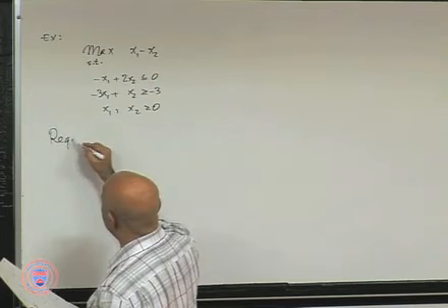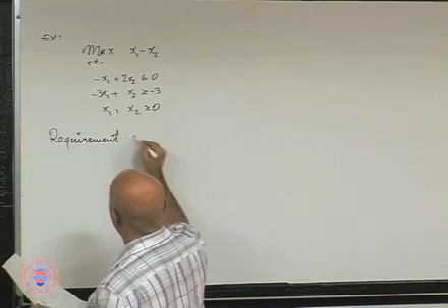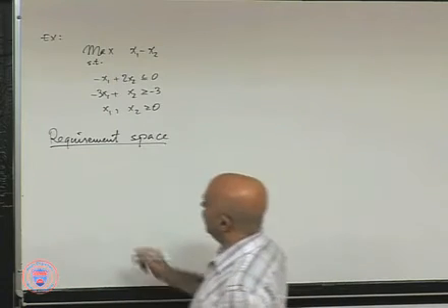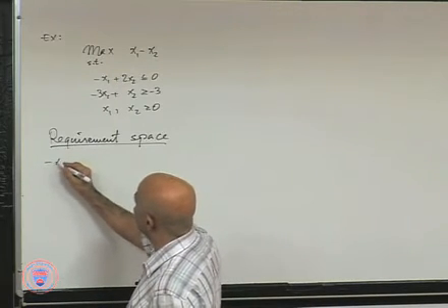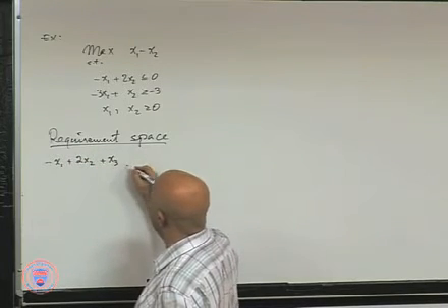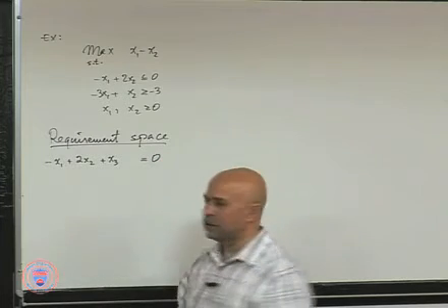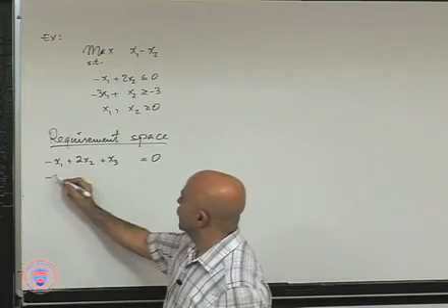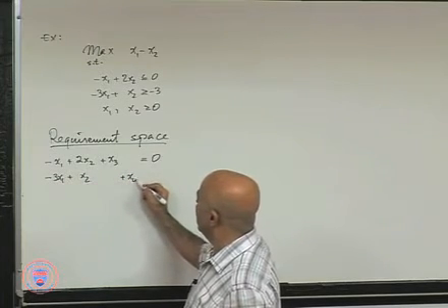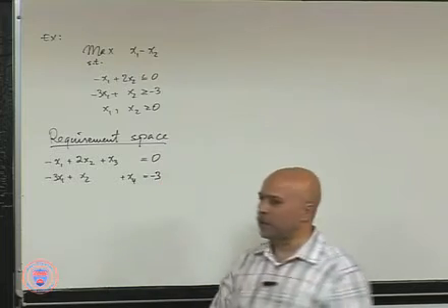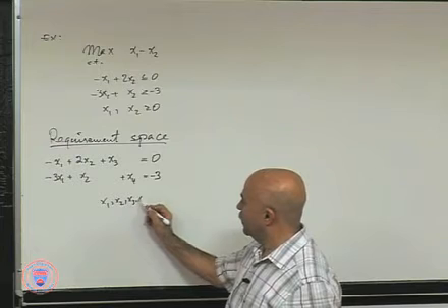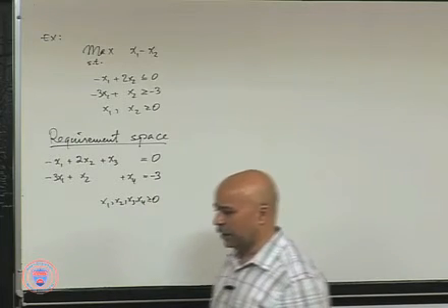Now, when you look at the requirement space, I need to first change this to equalities. I'm going to do that by introducing a new variable x3, which is a slack variable, and a new variable x4, which is a surplus variable. So you've got x1, x2, x3, x4, non-negative.